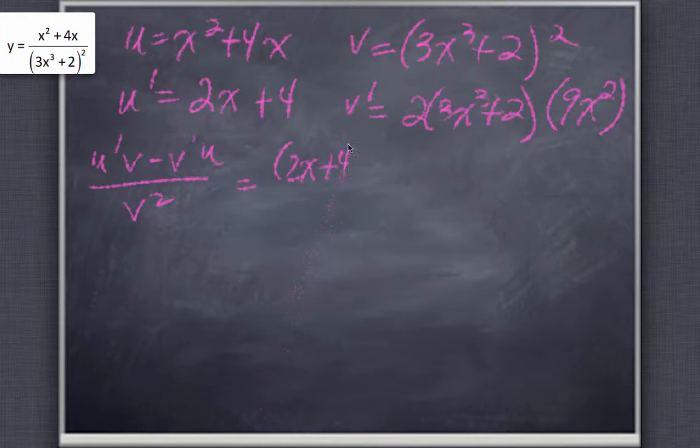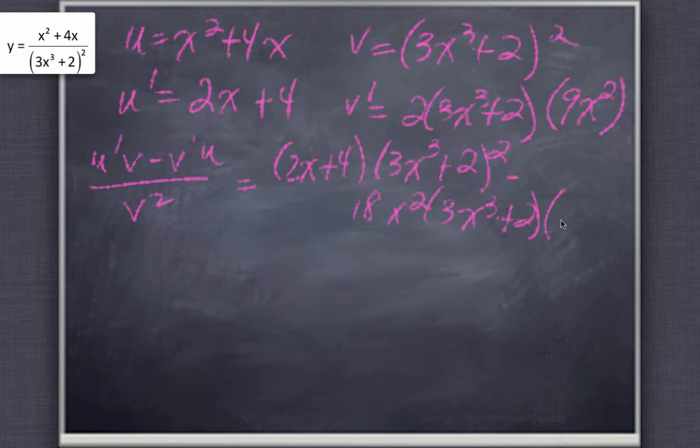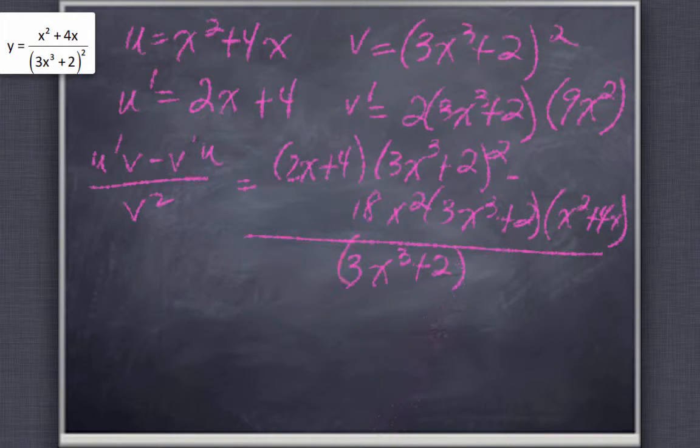2x plus 4 times 3x cubed plus 2 squared minus 18x squared, that's from the 9x squared and the 2, times 3x cubed plus 2 times x squared plus 4x, all over 3x cubed plus 2 squared squared. Okay?